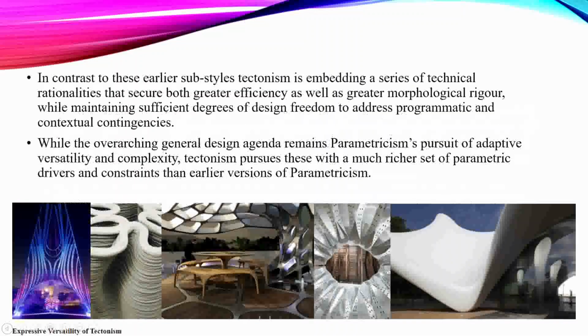It contrasts to these earlier sub-styles. Tectonism is embedding a series of technical rationalities that secure both greater efficiency as well as greater morphological rigor, while maintaining sufficient degrees of design freedom to address programmatic and contextual contingencies, while the overarching general design agenda remains parametricism's pursuit of adaptive versatility and complexity.